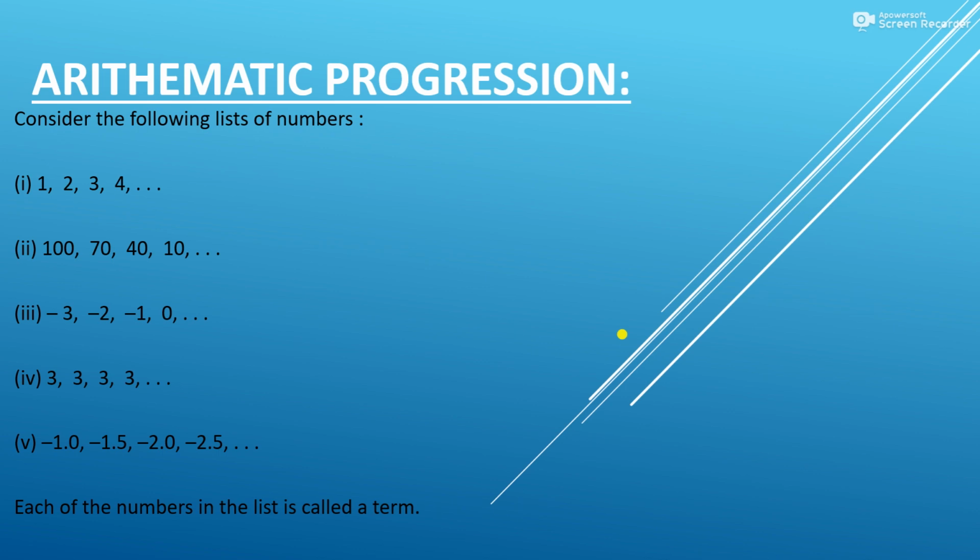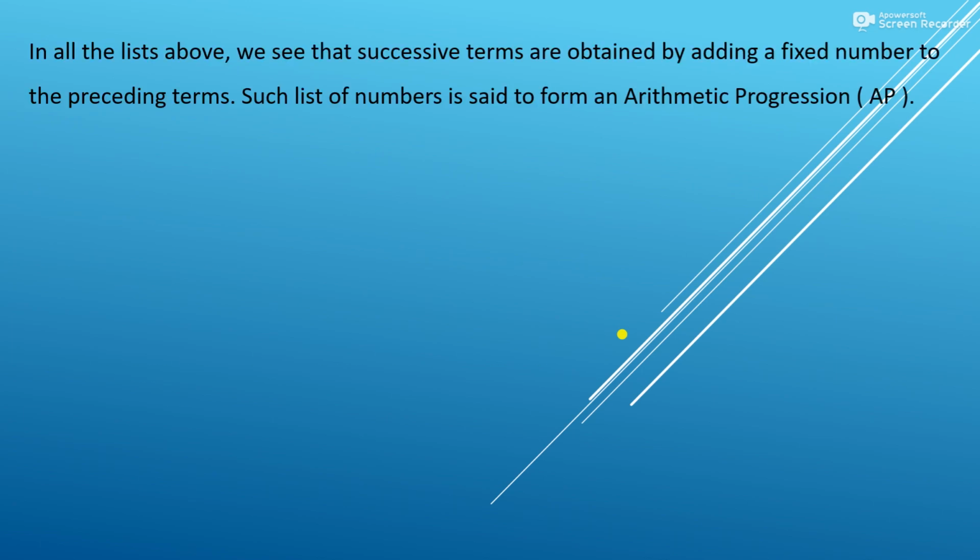The difference between 70 and 100, that is the second term and the first term, the third and the second term, and the fourth and the third term, is minus 30. The difference is constant in the first example and also in the second example. It is the same case in the third, fourth, and fifth examples. These types of series are patterns. We call them arithmetic progression.